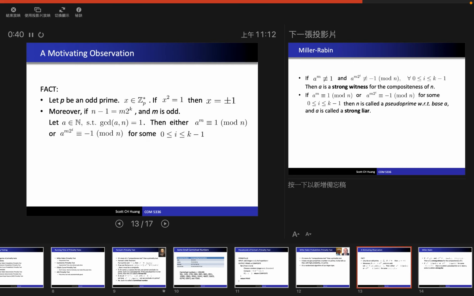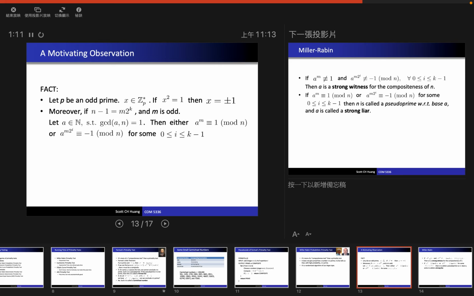Let's take a look at the fact. Basically, this is a joint publication of Miller and Rabin, and they exploit the properties of finding square roots. We know that Rabin has a really deep understanding of finding square roots mod something. So to test whether or not a number is prime, they simply look at the square root of 1.